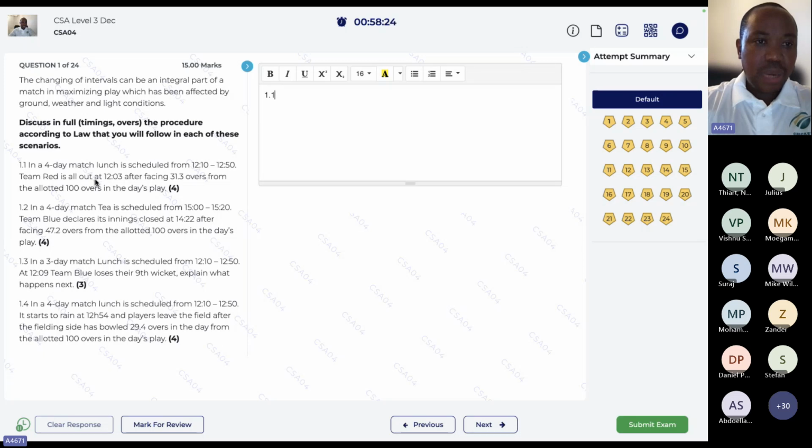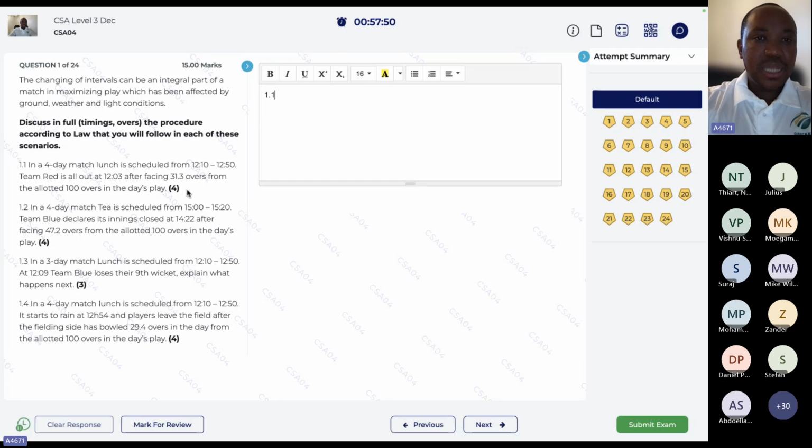Team Red is all out at 12:03 after facing 31.3 overs from the allotted 100 overs in the day's play. The question says, discuss in full timings and overs, the procedure according to law that you will follow in each of these scenarios. So here, when the innings of Team Red ends at 12:03, it is 7 minutes before the scheduled lunch break of 12:10.